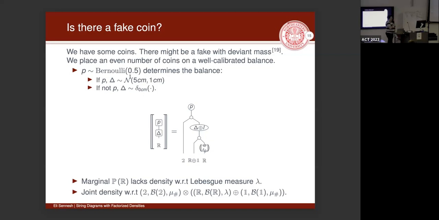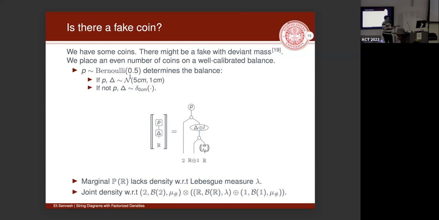Now we're actually going to perform a case analysis. If my prior belief is that there is a fake coin, that is, if I flipped my coin and it came up true, well, yeah, in the one case for P, then the balance will show a meaningful difference, which will be normally distributed.